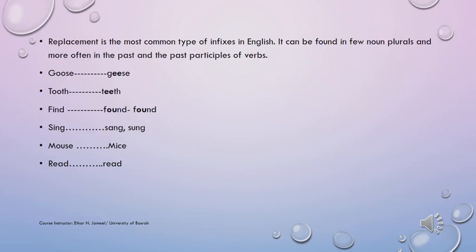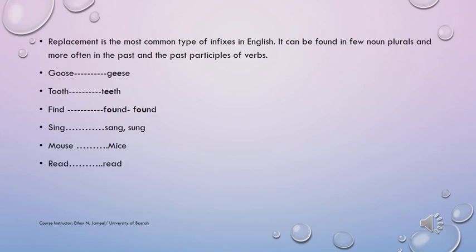So what happens is that we have replaced the long E with the short E, which means that we added an infix by changing the sound from E into E. There is an infix in the past and past participle of the verb read.